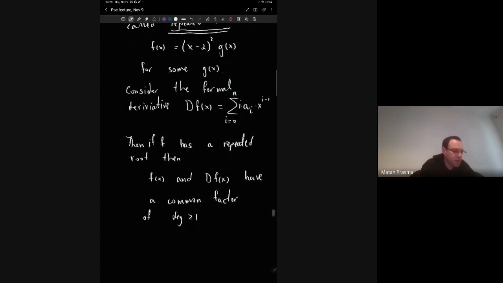That should be obvious, because if f has a repeated root, then I can write f(x) = (x - alpha)^2 g(x). And this would mean that df(x) is 2 times (x - alpha) times some g prime of x.